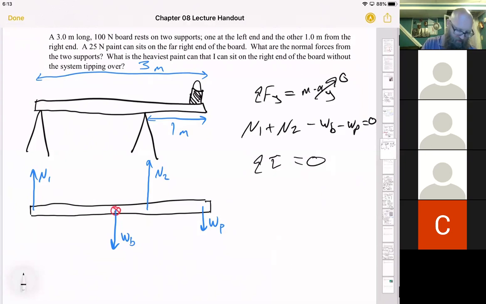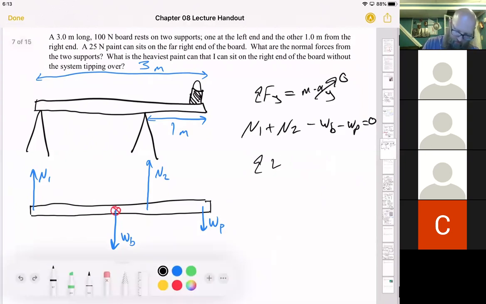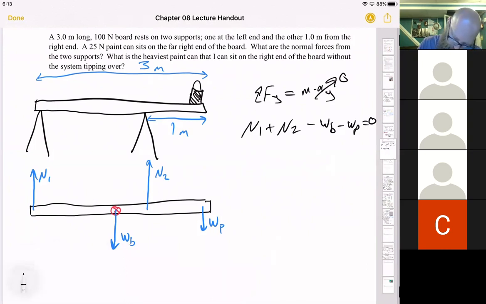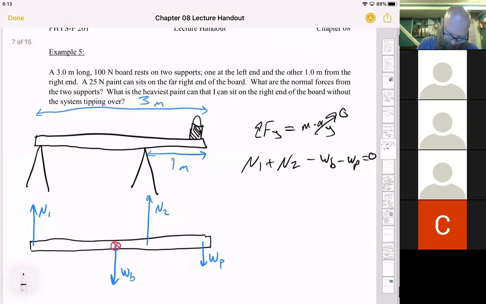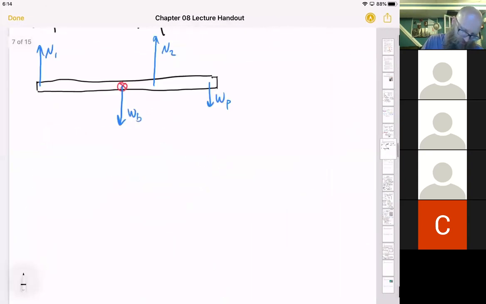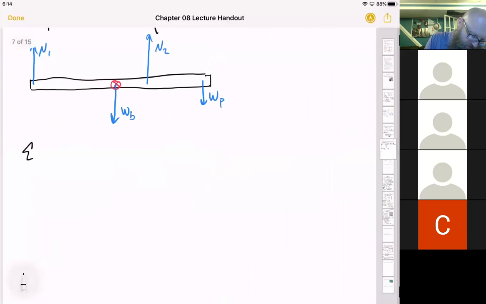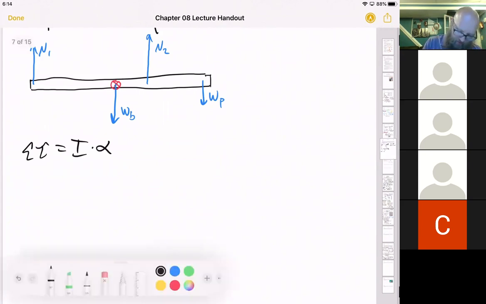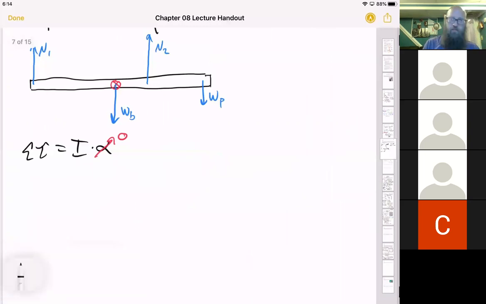The sum of the torques equals I times alpha. But again, the system's not accelerating, so alpha is 0, so I don't even care what the moment of inertia is, which is great, right? So the sum of the torques equals 0.